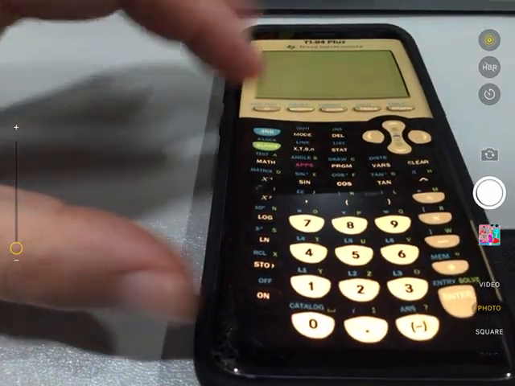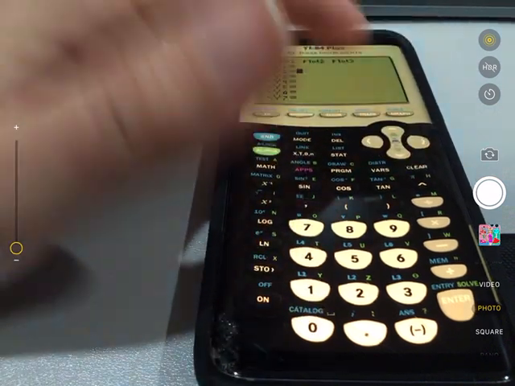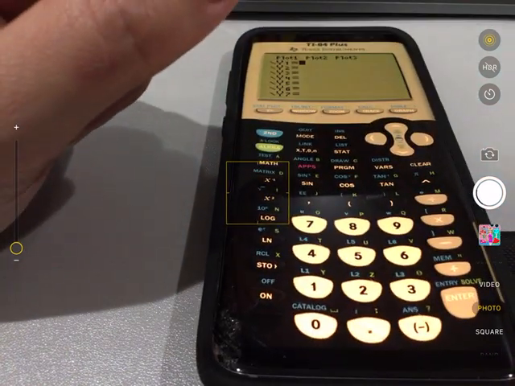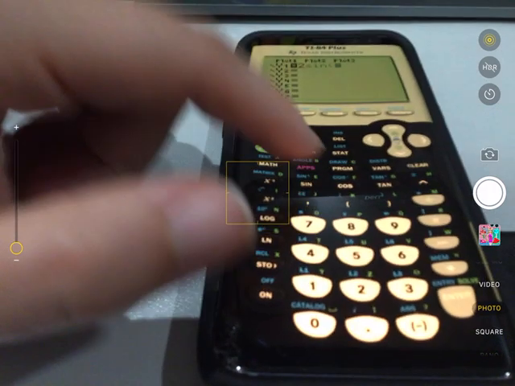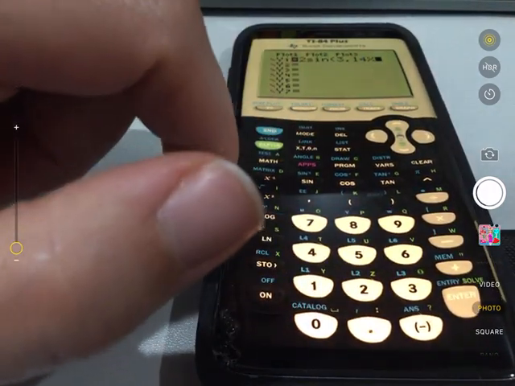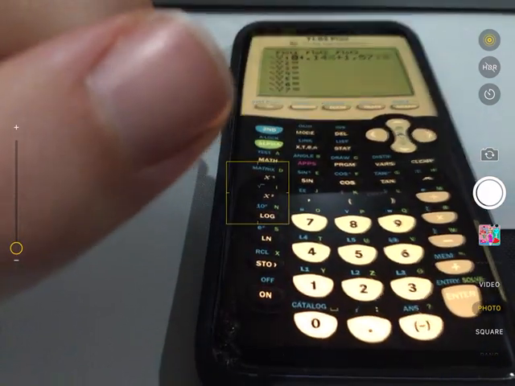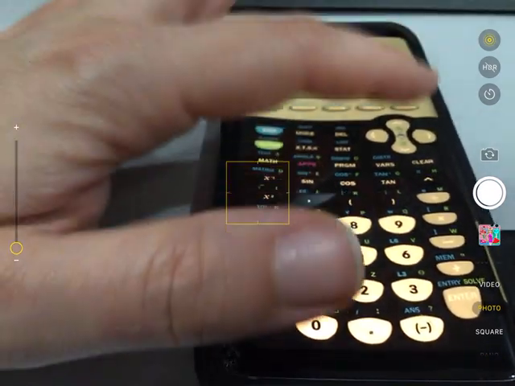So we're going to go into our y equals. We're going to clear it. Then we're going to go 2 sine of 3.14x plus 1.57, close bracket, plus 5.